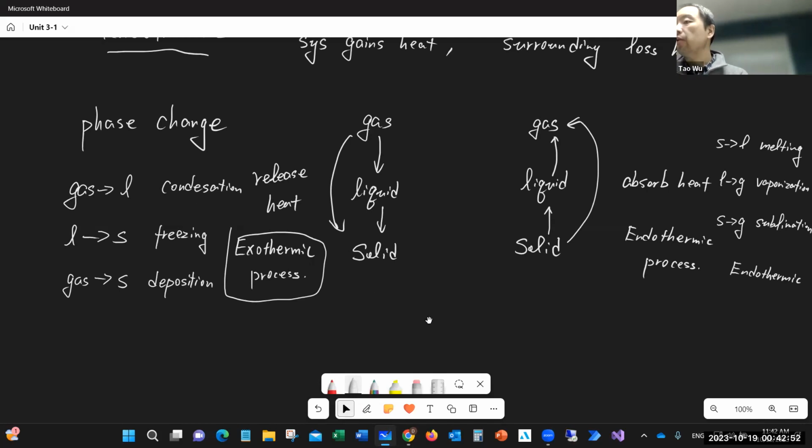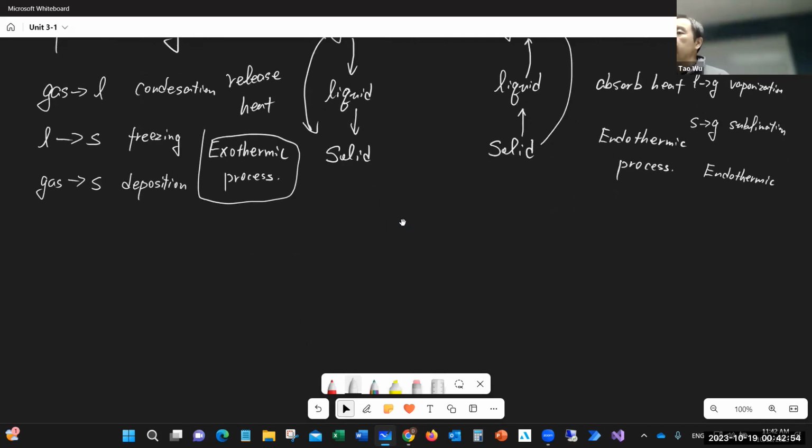So this is the endothermic or exothermic process. But obviously, we also have endothermic or exothermic reactions.